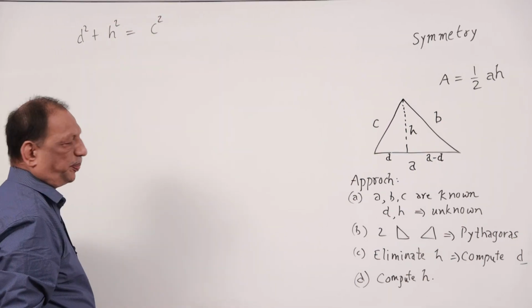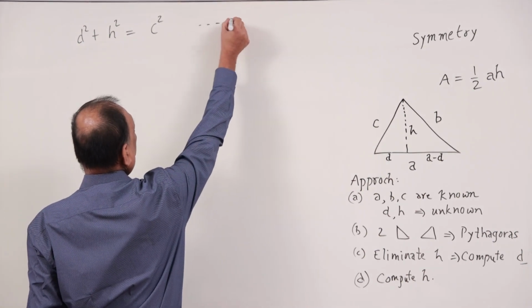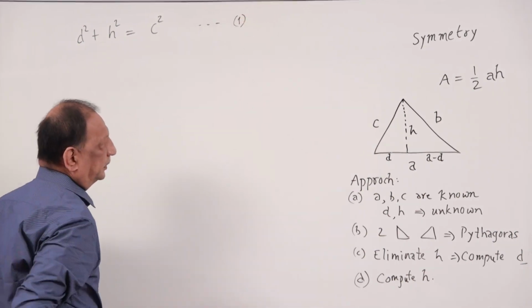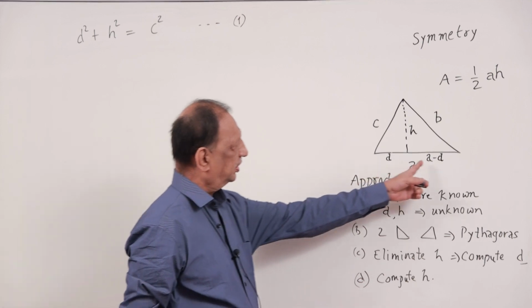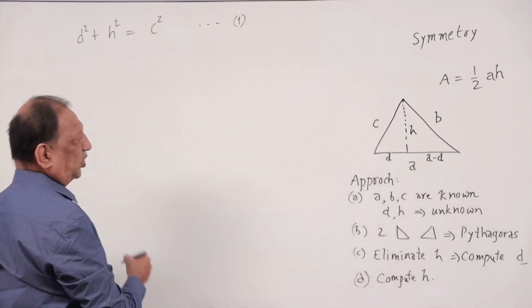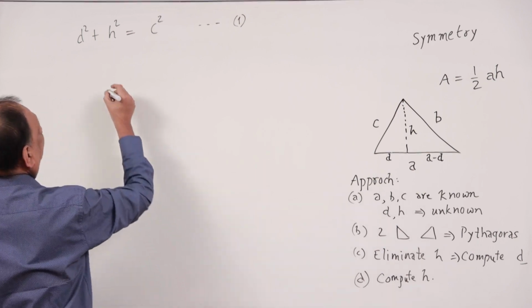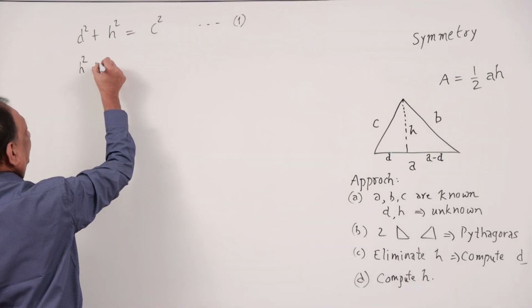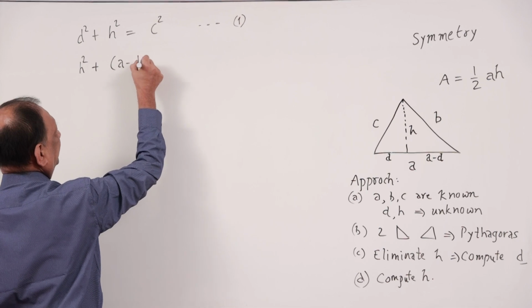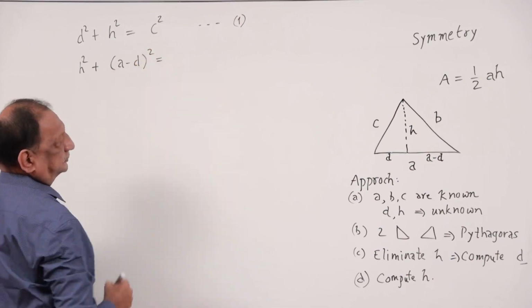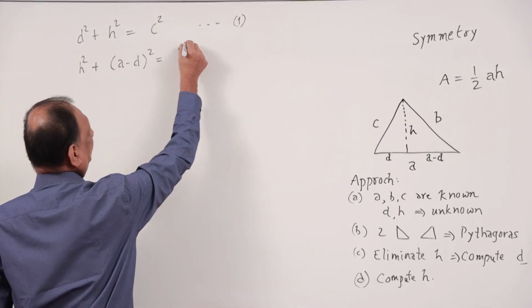This is the first equation. Now we have one more right angle triangle and one more Pythagoras equation: H squared plus (A minus D) whole squared equals B squared.